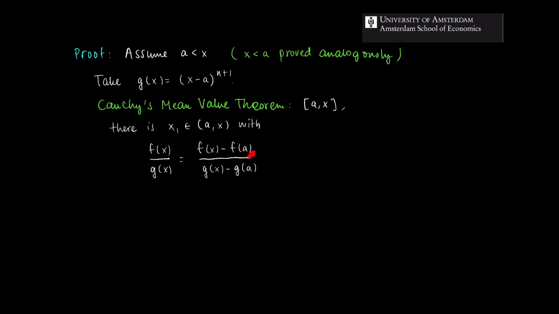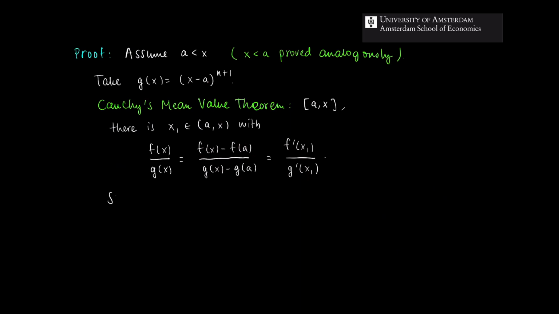So here we have the differences of the endpoints of the interval (a, x), and Cauchy's mean value theorem says that there is an x1 in (a, x) such that this ratio of the differences of the function values over this interval equals the derivative of f in x1 divided by the derivative of g in x1. And we can write this down since the derivative in x1 is unequal to 0.